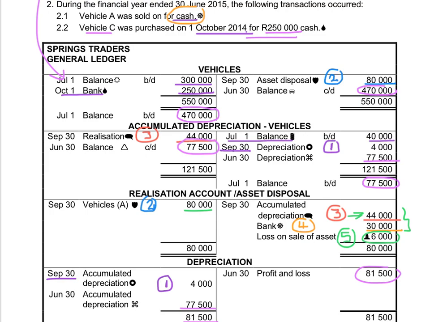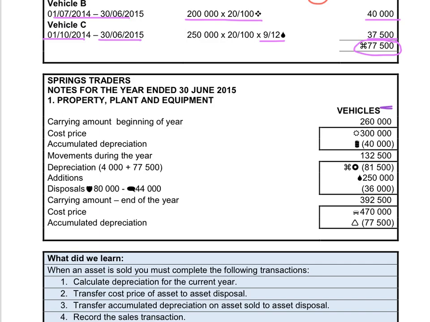So my opening balance was 300,000 for vehicles, and my opening balance for accumulated depreciation is 40,000.